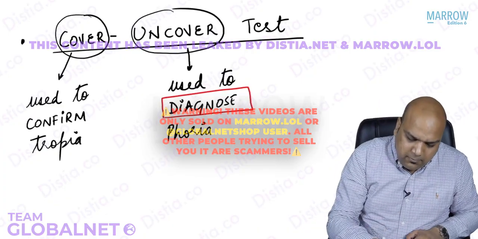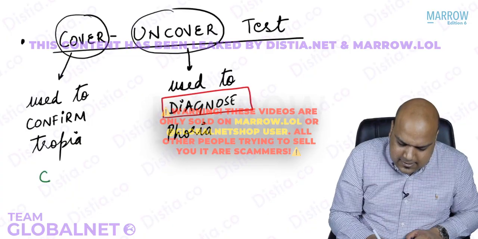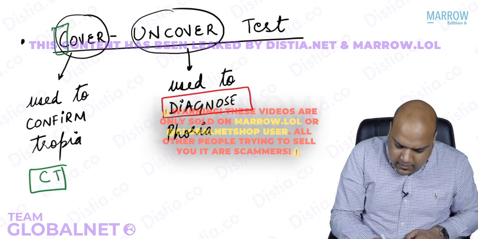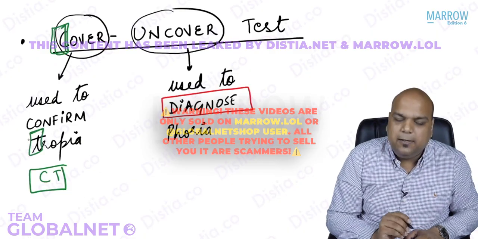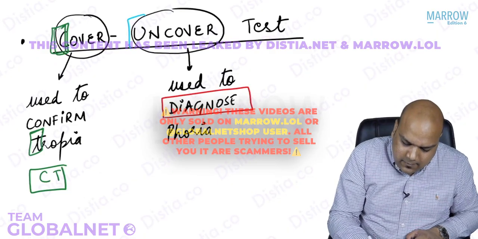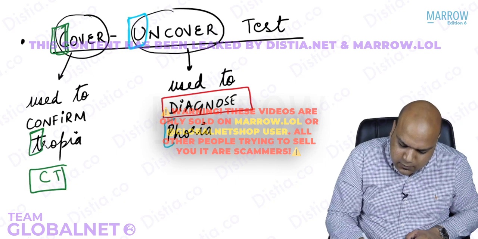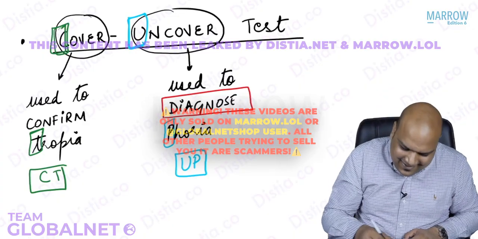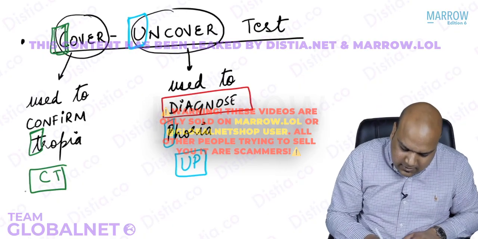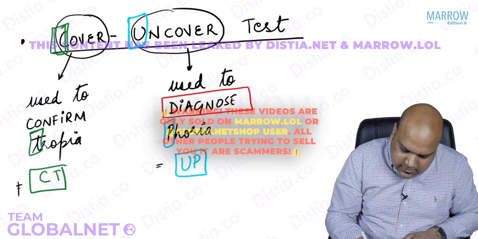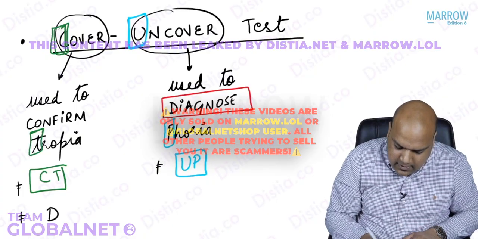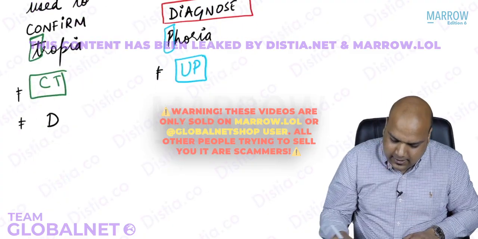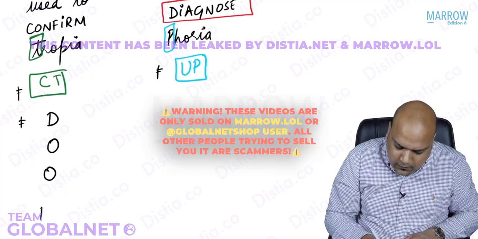Okay. So to remember, everybody, if you need mnemonics, I can say CT scan. Cover test is used for tropia. Or I can say, everybody, UP. Uncover test is used for phoria. Okay. If you love mnemonics, then, everybody, I will give you another mnemonic. Yes, 3 mnemonics. Whenever I do cover or uncover test, which I will explain to you in detail in just a while, I see some ocular movement.